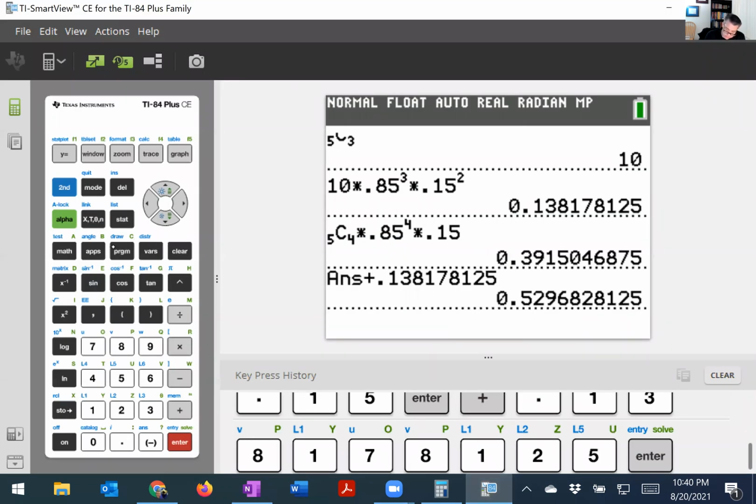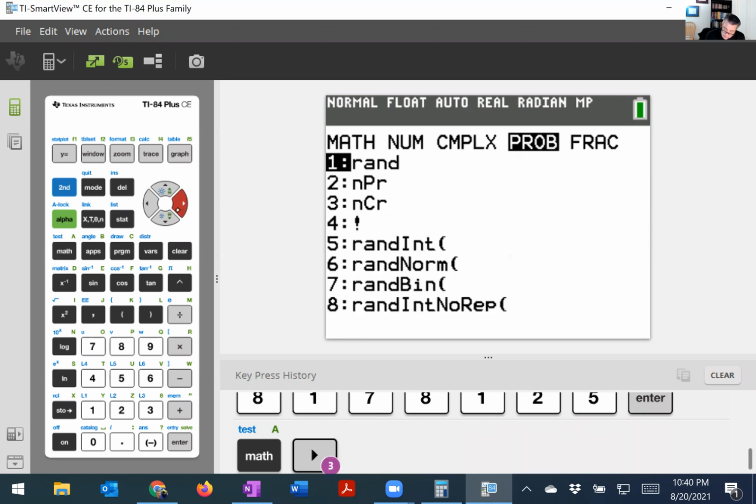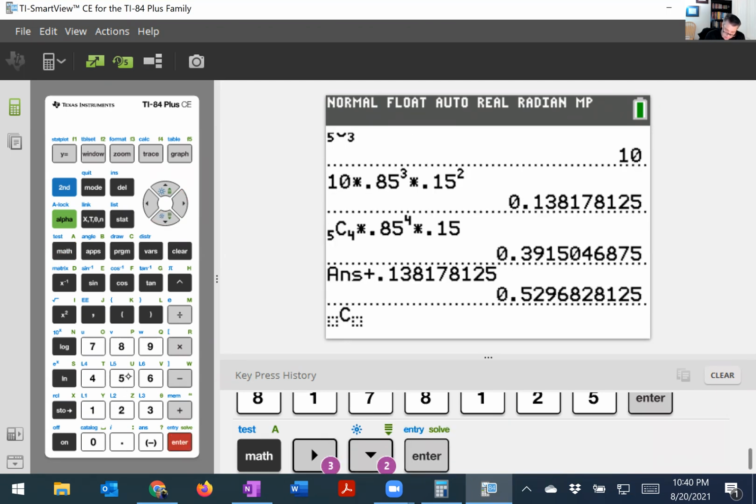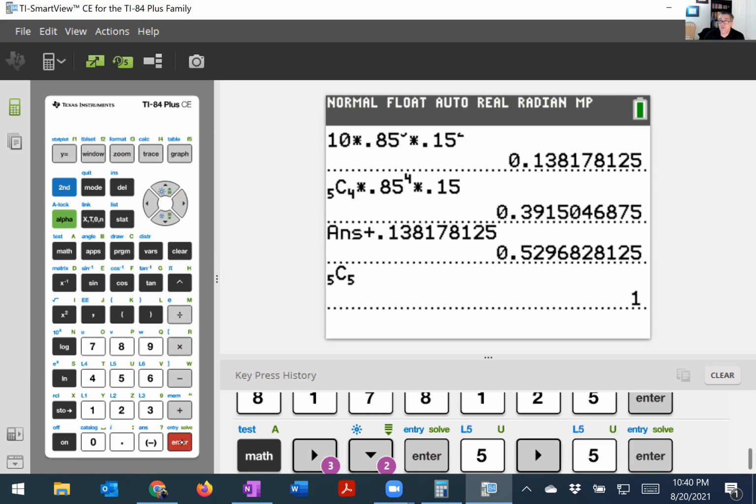If I go to math, and I go over to probability, I go down to 3. If I do 5 choose 5 and hit enter, you'll see it is equal to 1, because there's only one way to choose 5 items out of 5. You just grab them all.